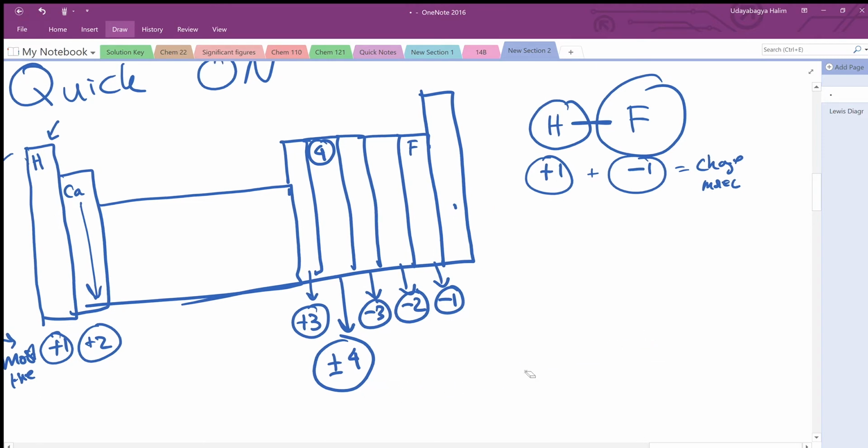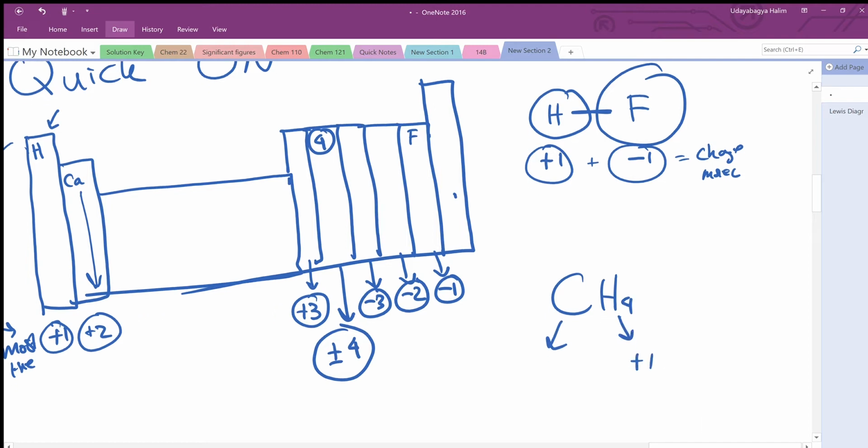So for carbon, for example, if I were to have CH4, the oxidation number on the hydrogen is going to be +1 each. So the oxidation number on the carbon is going to be -4, right? I got that because the oxidation number of one hydrogen is +1 each, so +4.